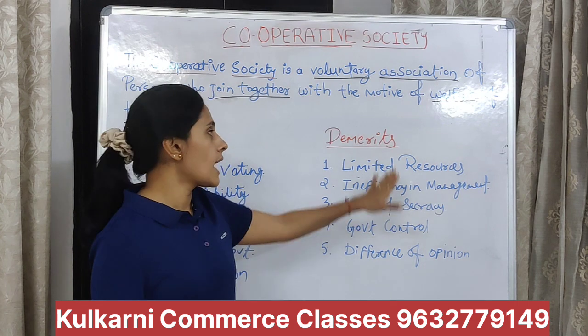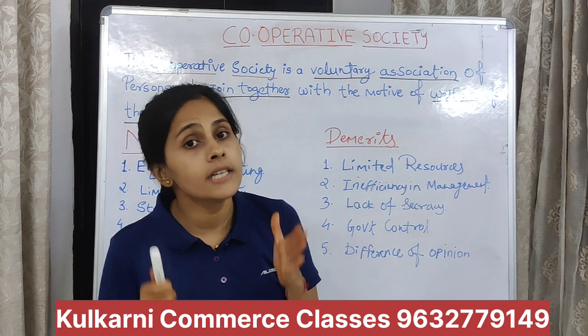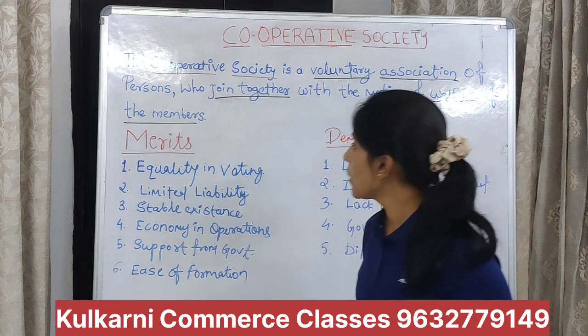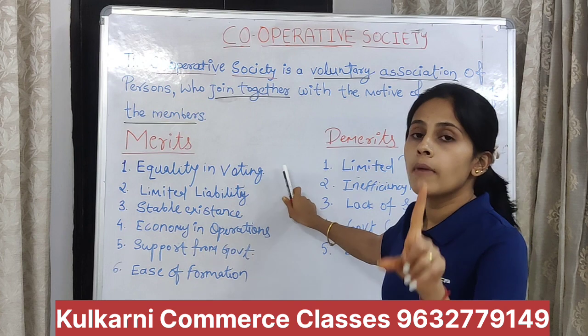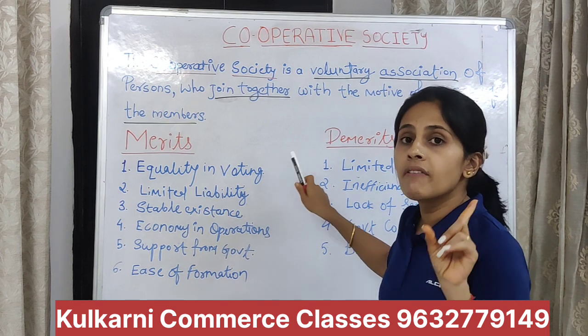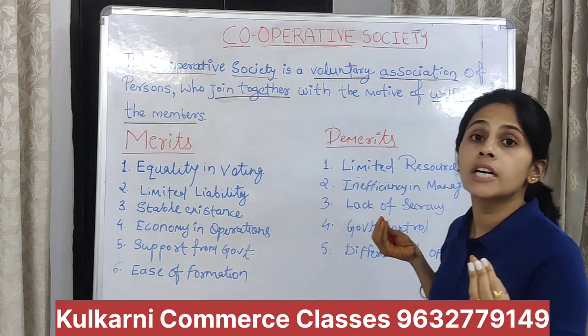So these are the demerits. So we have discussed merits and demerits. I'll repeat once. Merits are equality in voting. Why? Because here one man one vote is there. It is a democracy, just like how a democratic country operates.